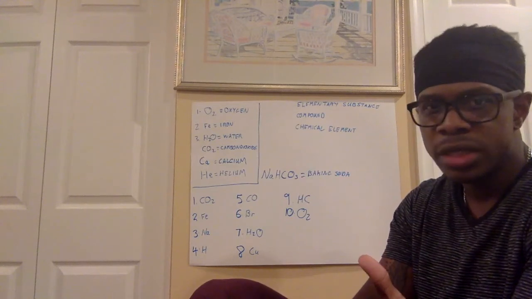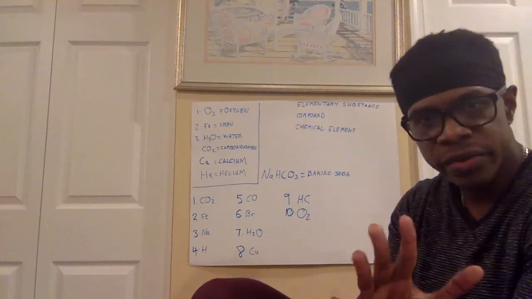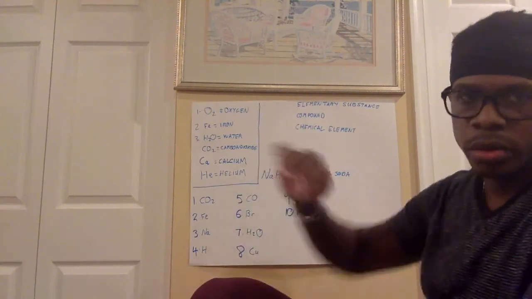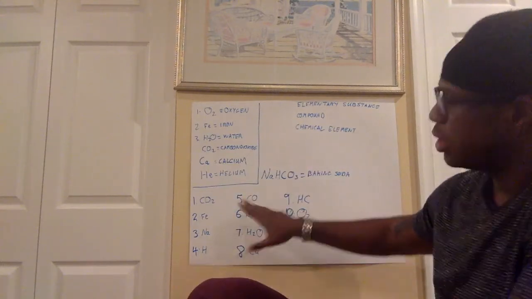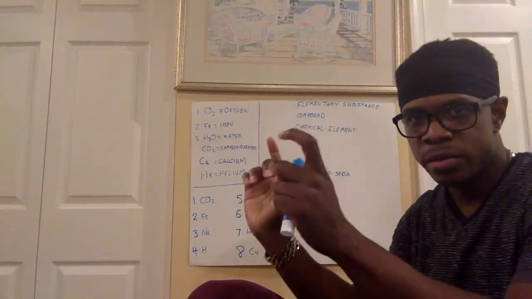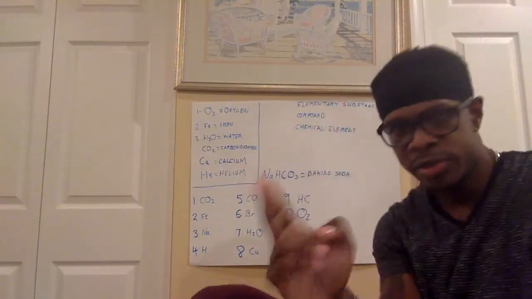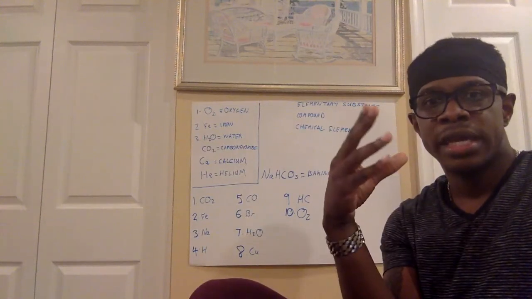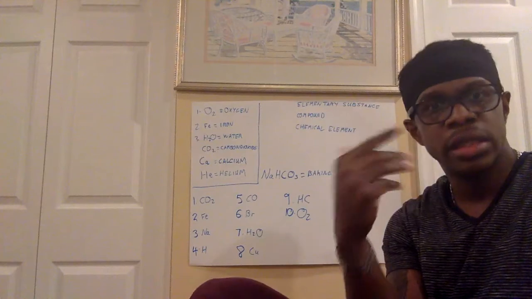Pause it if you need some more time, but your answer should be number 5 because it has two or more atoms. So number 5, CO, would be the compound. You're going to see questions like that where it has the name of them and the atoms. So really familiarize yourself. If it has a capital and a small letter, you know that it's one atom. If it has more than one atom, it is a compound.